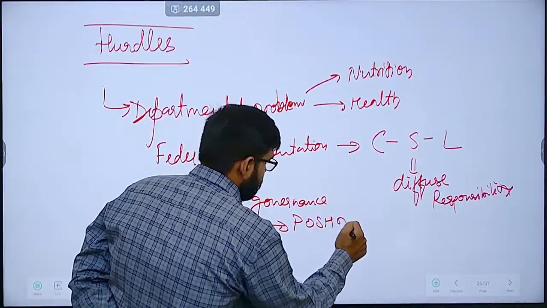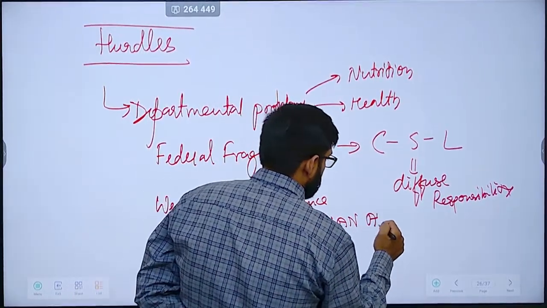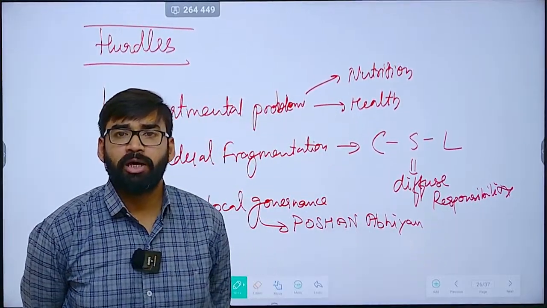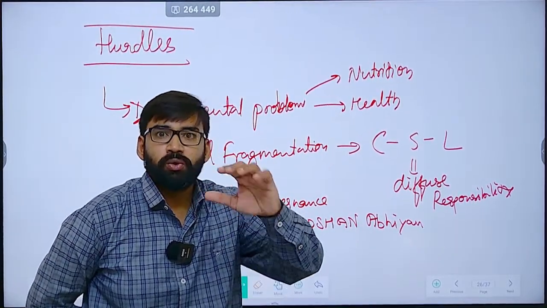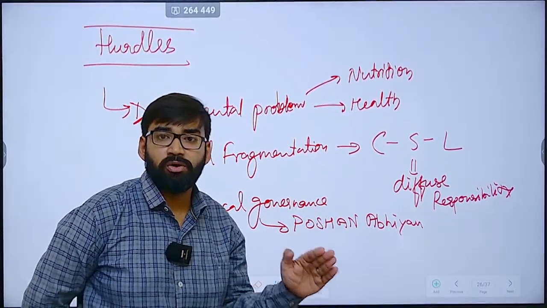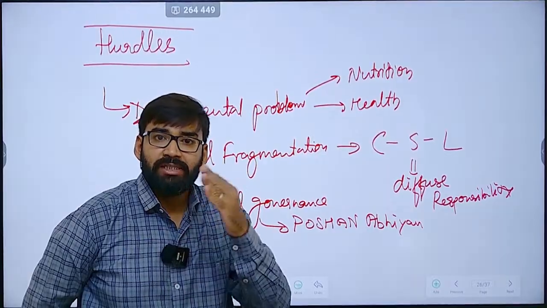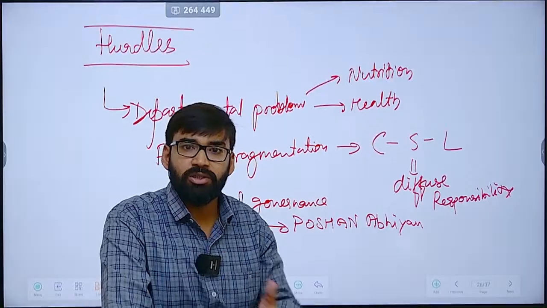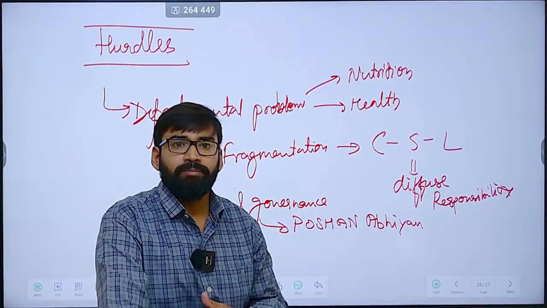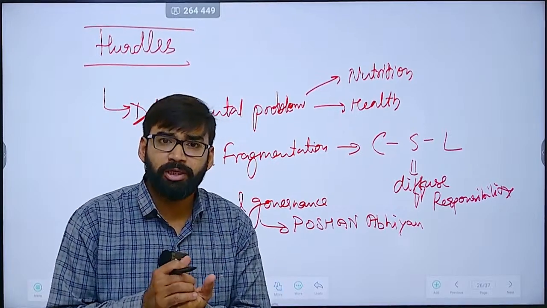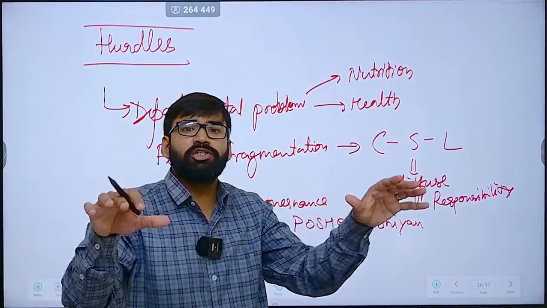Clear? Then you can give the example also here, Poshan Abhiyan. Fine. Poshan Abhiyan actually shows that malnutrition requires the convergence of ICDS, health, sanitation, drinking water, etc. So these things you can mention. Clear? Now, what are the other things you can mention? Like education rights.